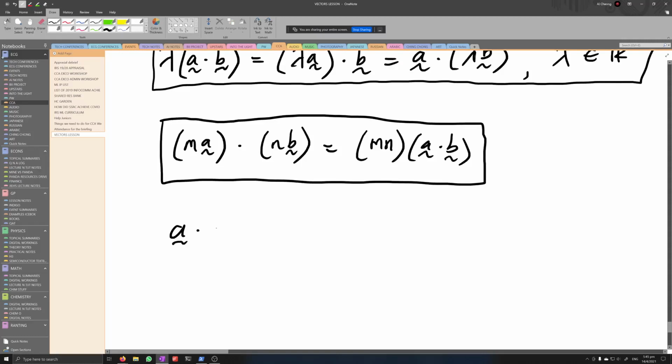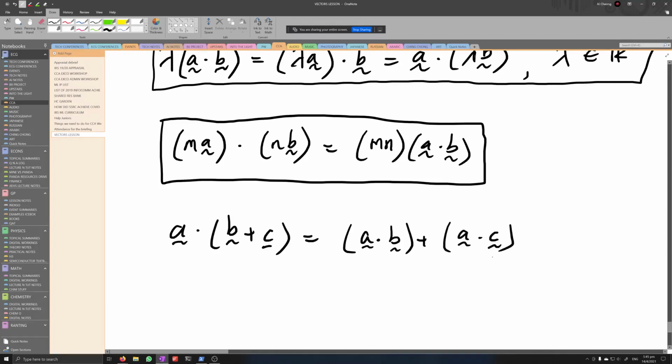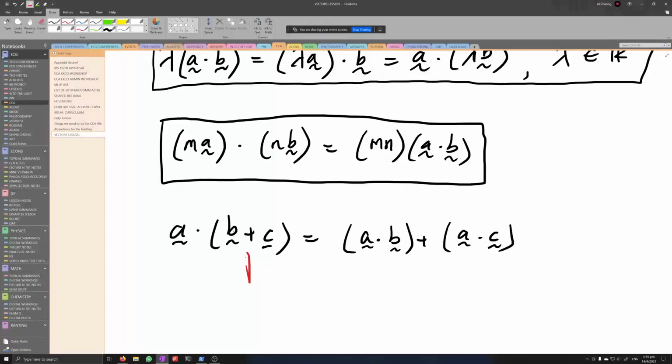A dot B plus C is equal to A dot B plus A dot C. This works because if you think about it, B plus C gives you the resultant vector.